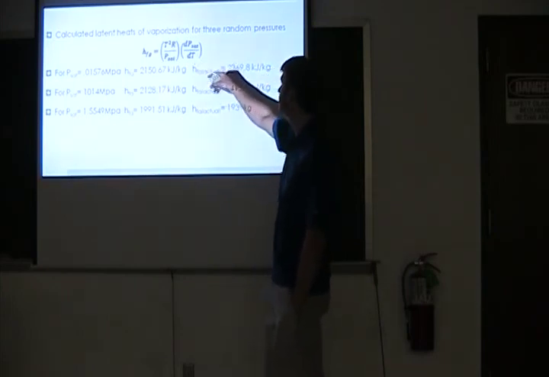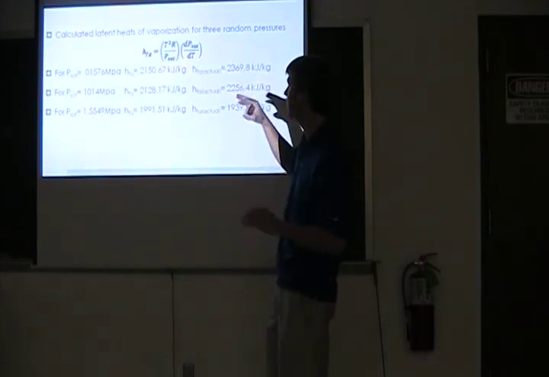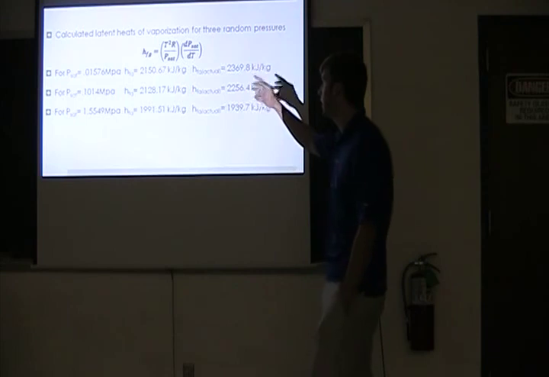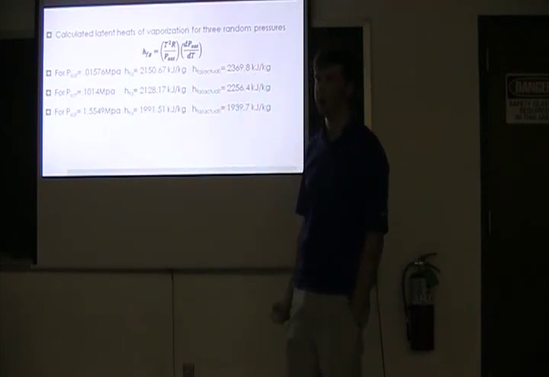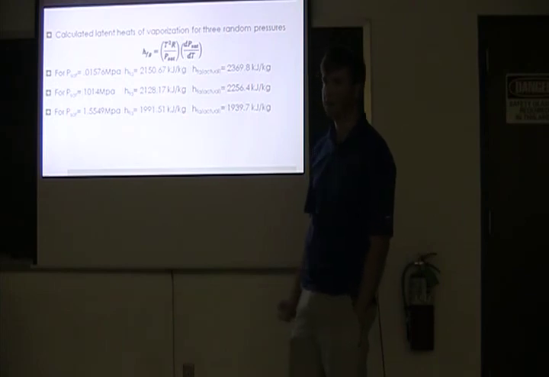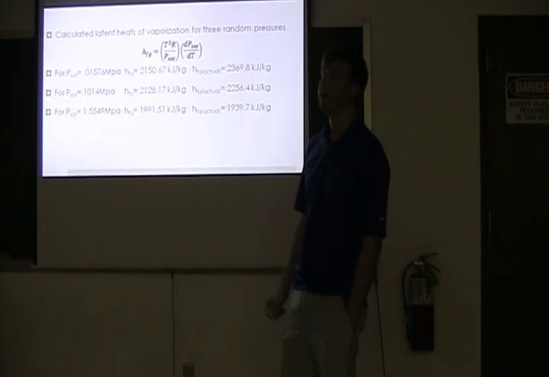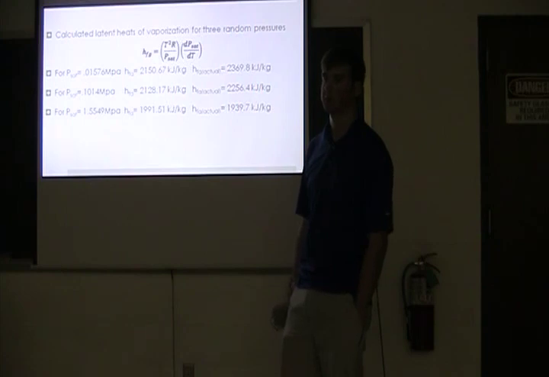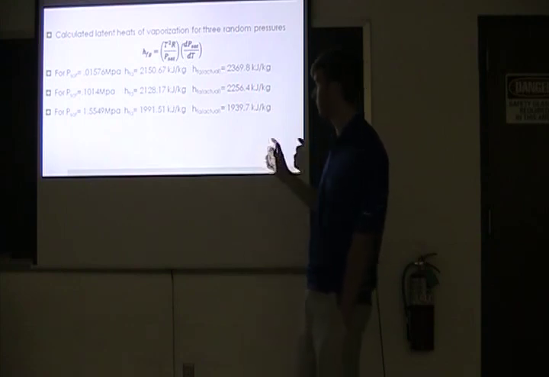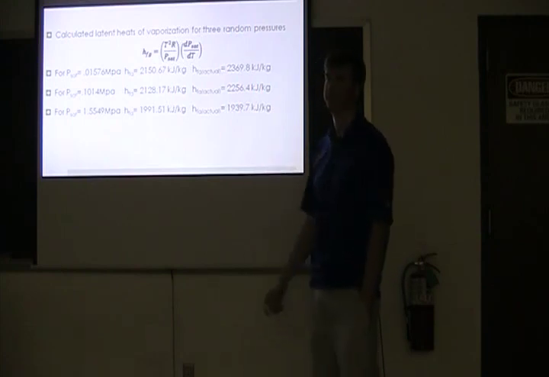For that, it was supposed to be the slope of the tangent line at those pressures, and I think my slopes were inaccurate, so I think that's why my values were off by that much. Did you try a couple of slopes, I mean gradients? Yeah, I tried a couple different ones, and those were the closest values that I could come to.